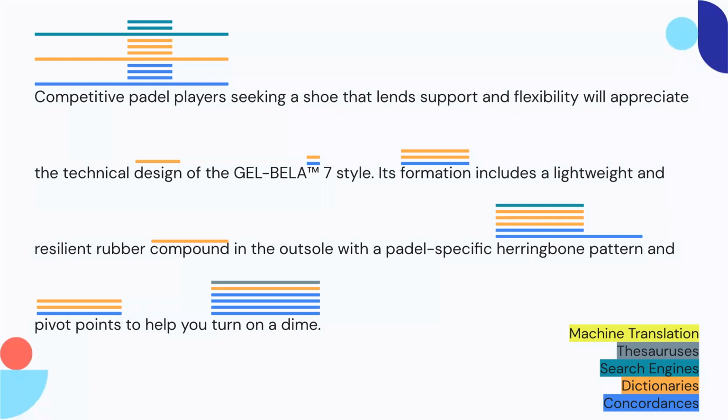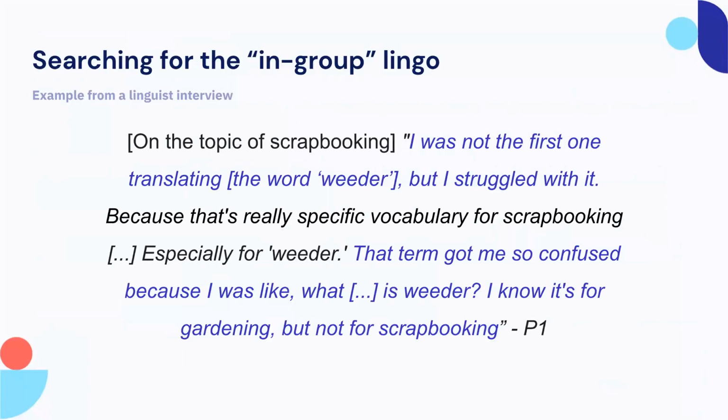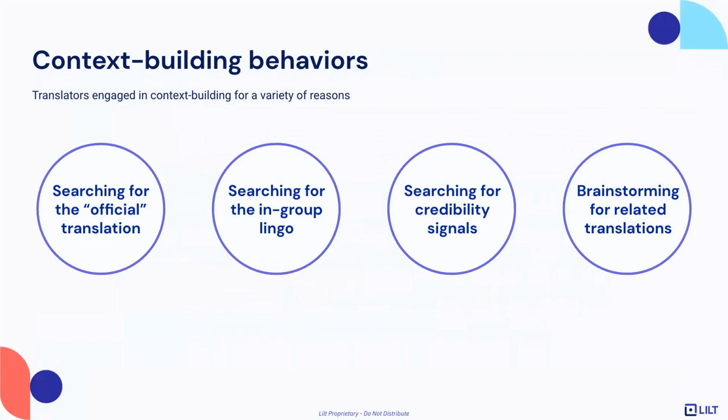So for the next slide, Drew, the one before that, I think. Yep. This is something that was part of the study that we did that we're wanting to share with the world in that workshop paper: behaviors for context building. There's a lot of reasons why translators engage in context building.